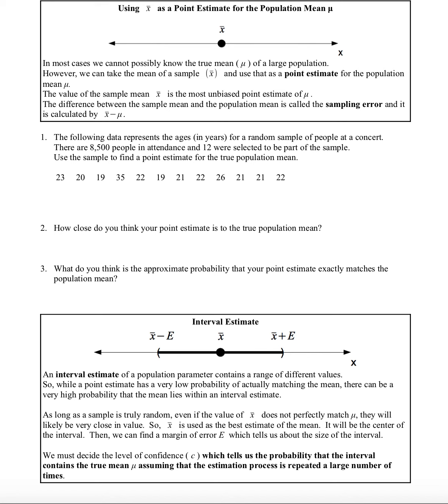In example 1, the following data represents the ages in years for a random sample of people at a concert. Let's say there are 8,500 people in attendance, and 12 are selected to be part of this sample. Use the sample to find a point estimate for the true population mean.